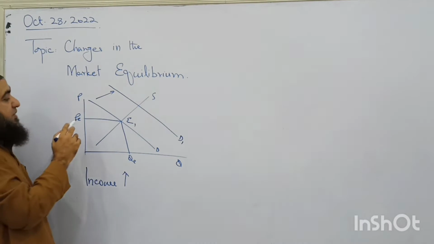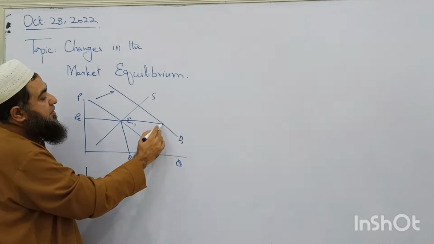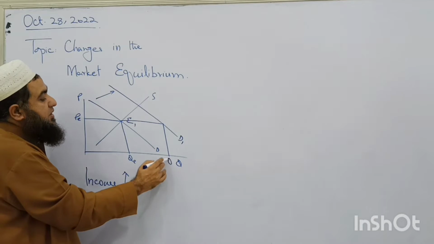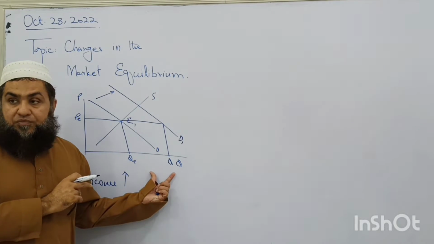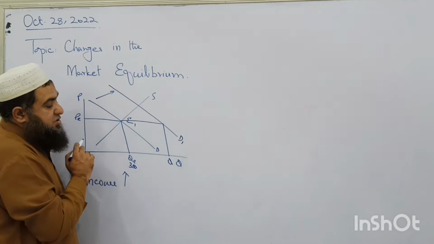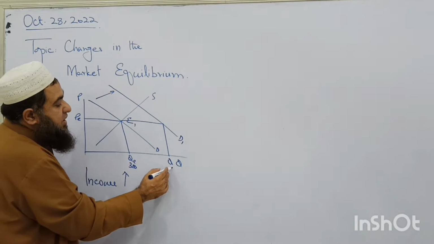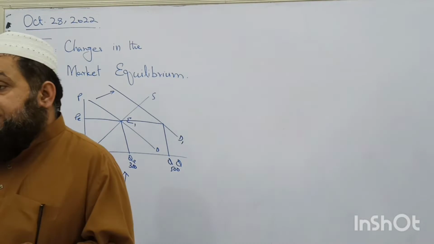Okay? So at the previous equilibrium point, now the consumers are ready to demand more. For example, here we had 300 units demanded. Now consumers are demanding 500 units at the same equilibrium price.